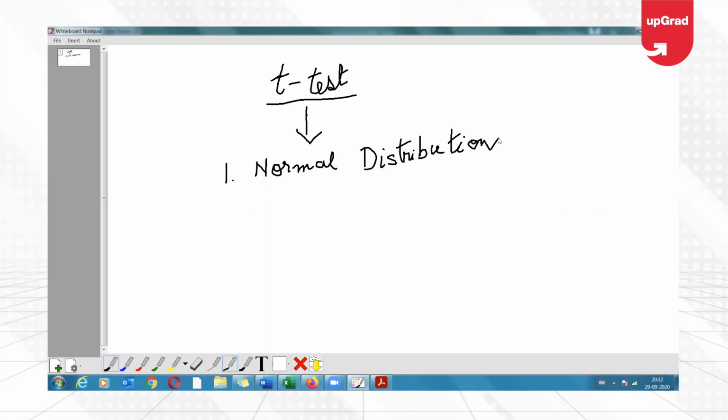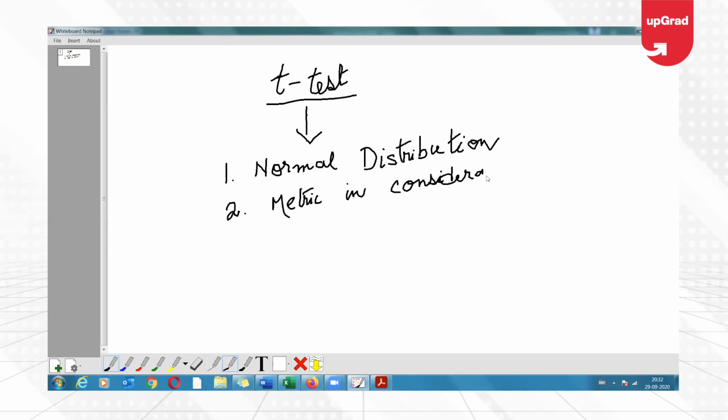So both z-test and t-test work on normal distribution. Here the metric in consideration is mean. There are some non-parametric tests where we will consider median, which I will show in the later videos.